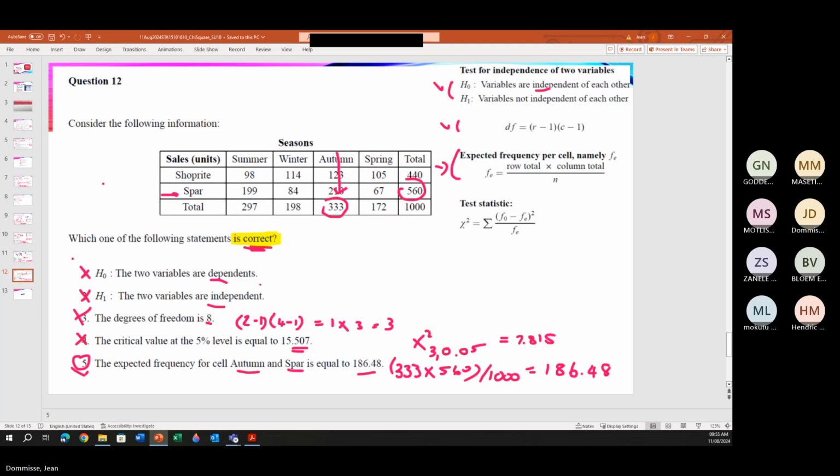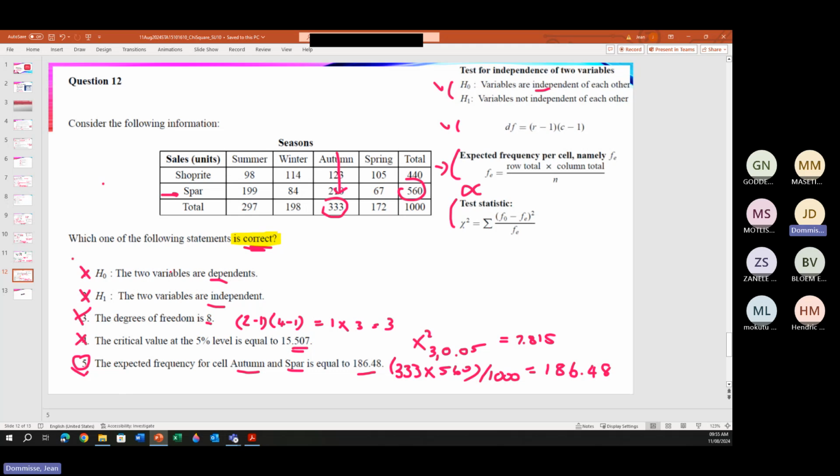Most of this was tested: the hypothesis test, the degrees of freedom, the critical value. Always the alpha will be part of this where we do the critical value. Here they did the expected value. The only thing not in this question is if we had the T-stat and you needed to make a decision on rejection or not.